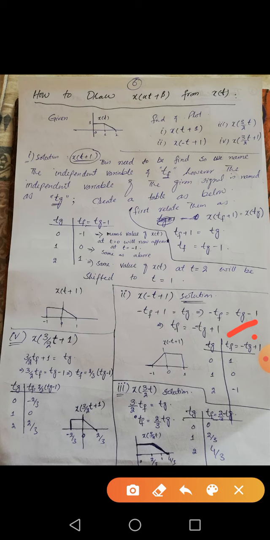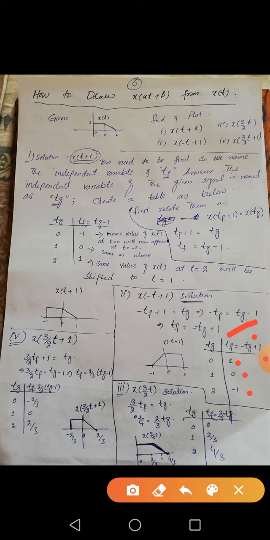So if tg is equal to 0, tf is equal to minus 0 plus 1, 1. When tg is equal to 1, tf is equal to minus 1 plus 1, 0. When tg is equal to 2, tf is equal to minus 2 plus 1, minus 1.